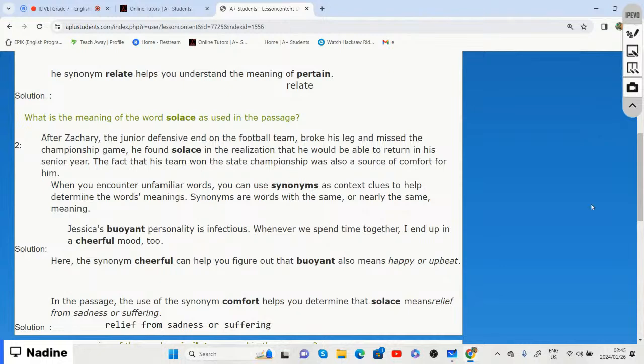All right. So we said that we needed to find the meaning of the word solace, and solace is basically finding comfort, right? And it's relief of the sadness and the relief of suffering.